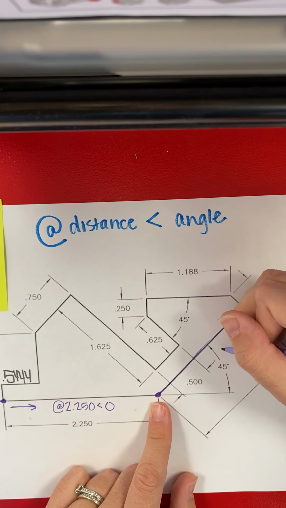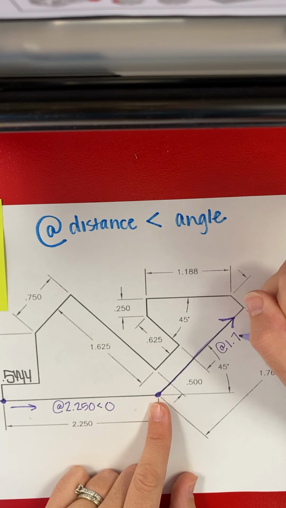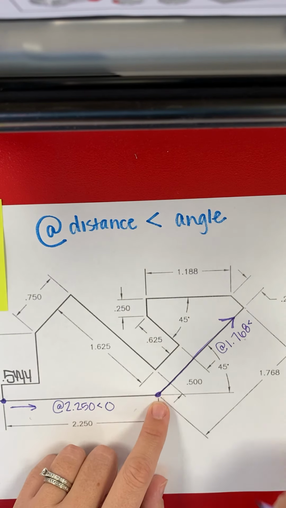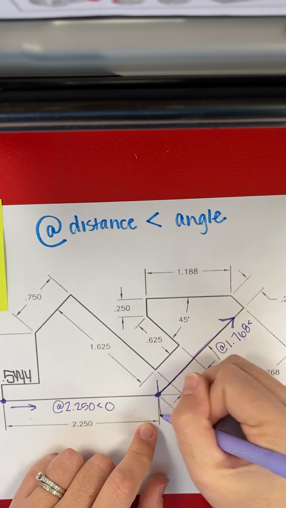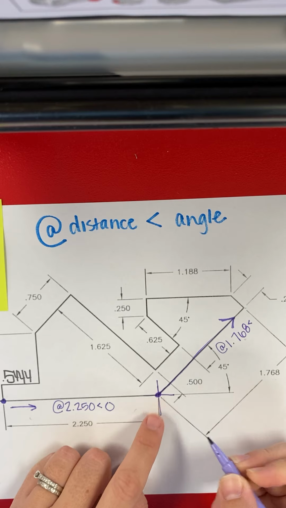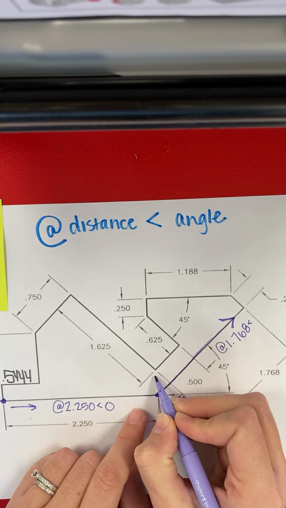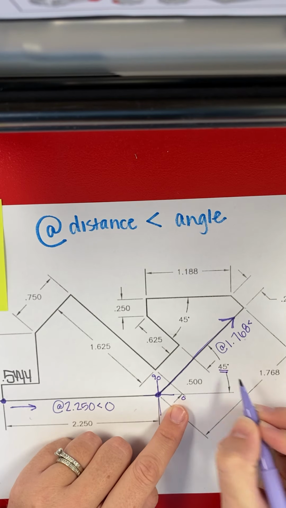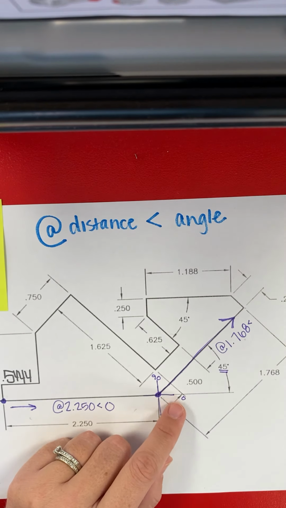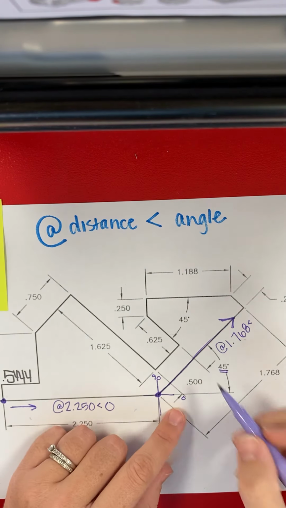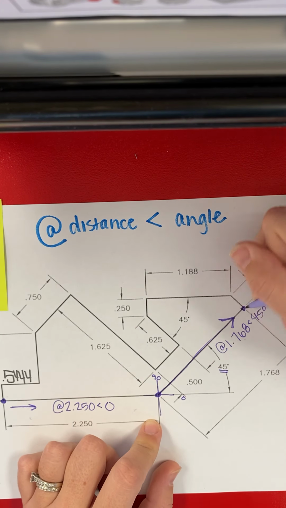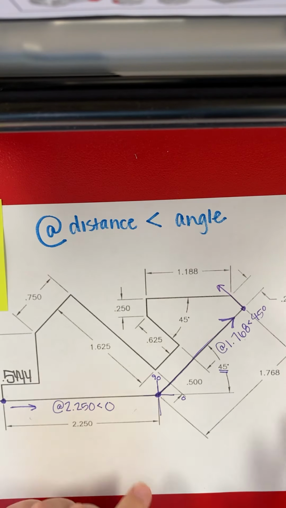So I would type in @1.768 less than the angle I want to travel. Remember, if this was our grid, to the right would be 0, up would be 90. So it's 45 degrees off of 0, so I would type less than 45. It's that same thing all the way around.